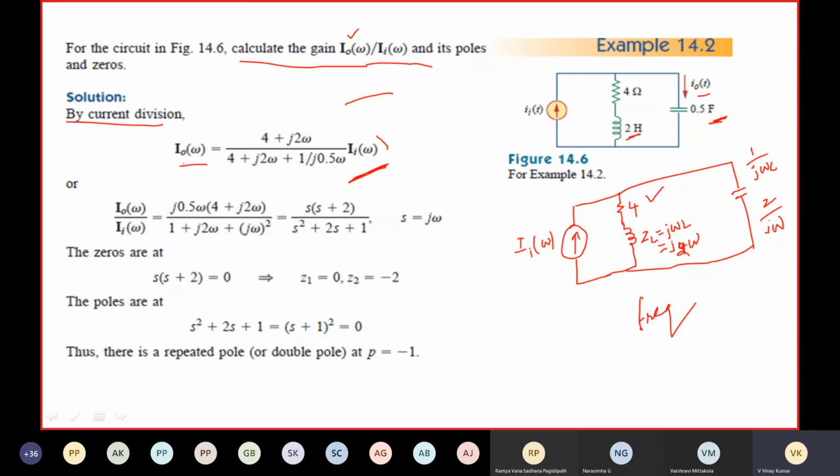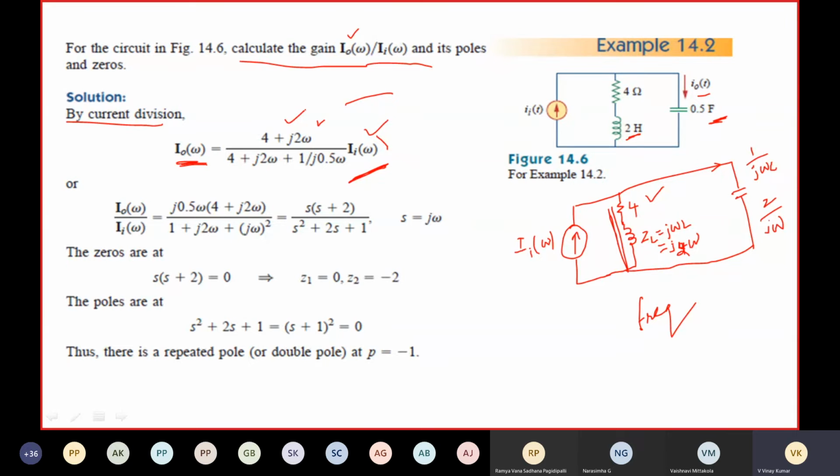By current division, output current I naught of omega is equal to the input current I i of omega into the opposite impedance. As you are going to find the current flowing through this, the opposite impedance will be this branch impedance, that is 4 plus j 2 omega.